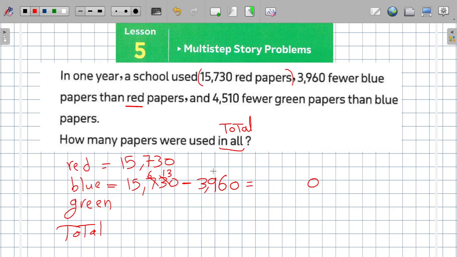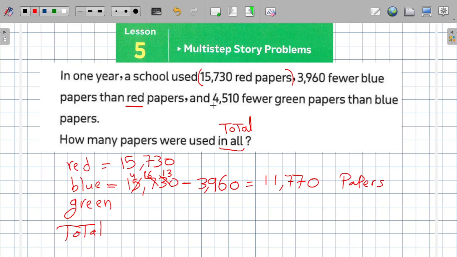So 13 minus 6 equals 7. And 6 minus 9, it can't be. So I will borrow from 5, it becomes 4 and 6 becomes 16. So 16 minus 9 equals 7. And I have 14 minus 3 equals 11. So the total number of blue papers is 11,770 papers.